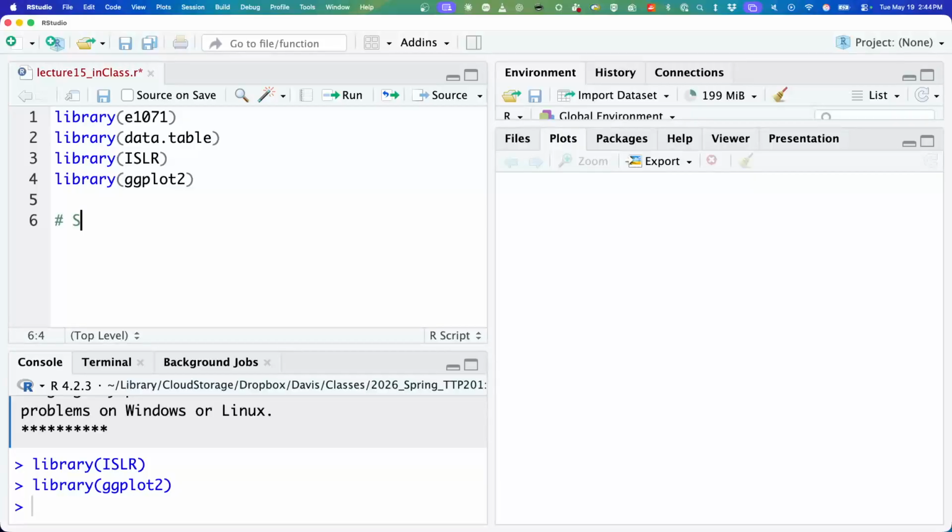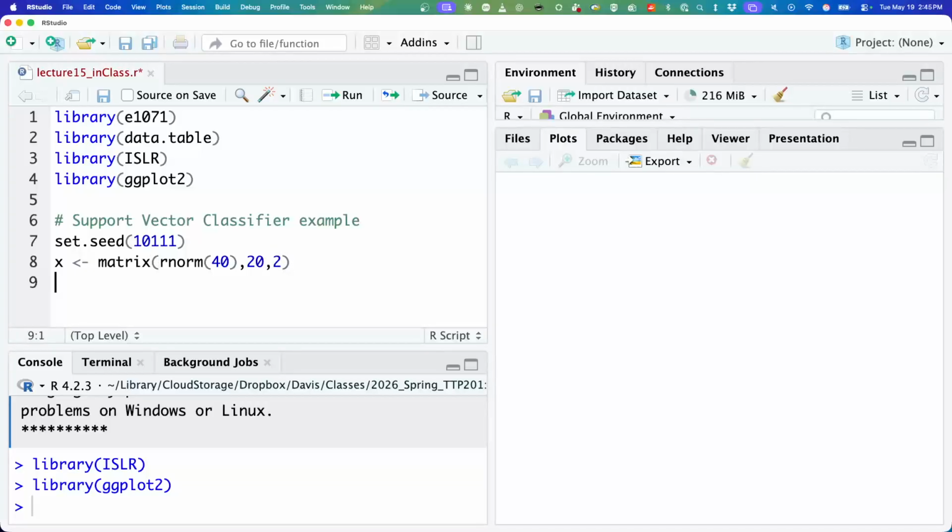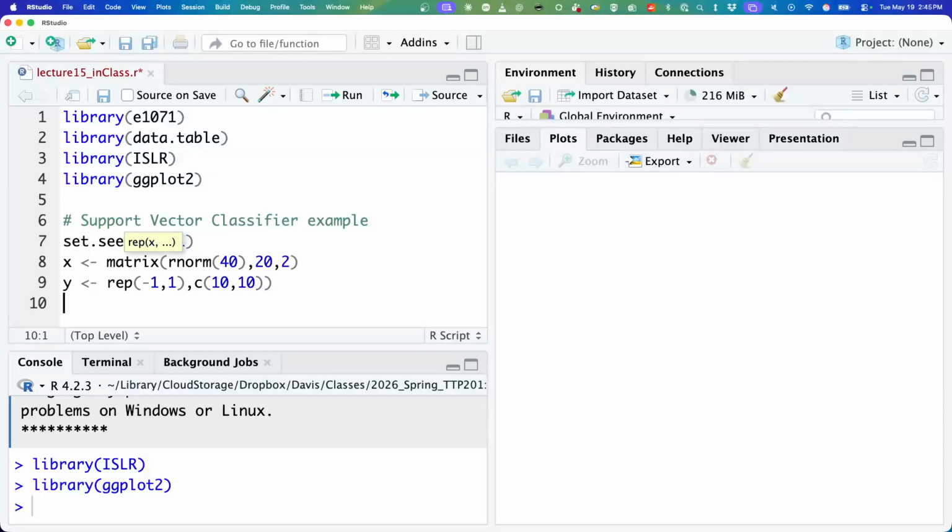Okay, so let's start off with a support vector classifier example. And to make sure we all end up with the same one, I'm going to set a seed. And we're going to do some draws, like so.